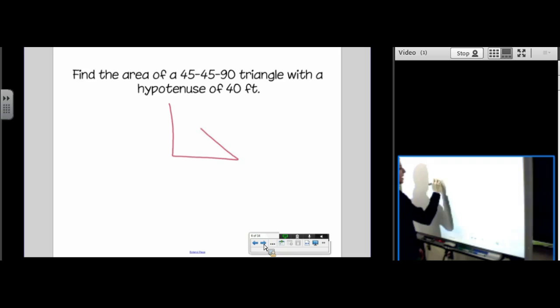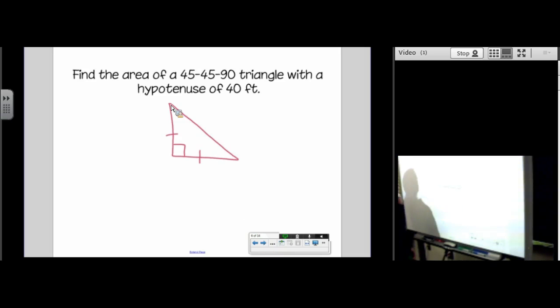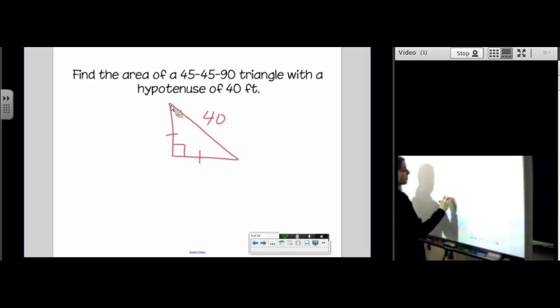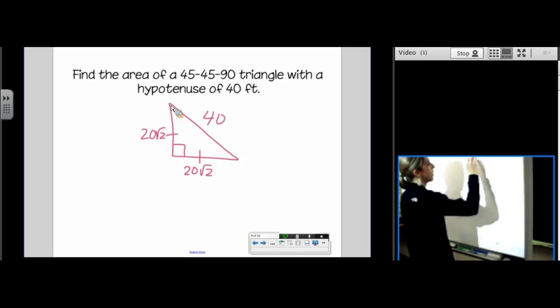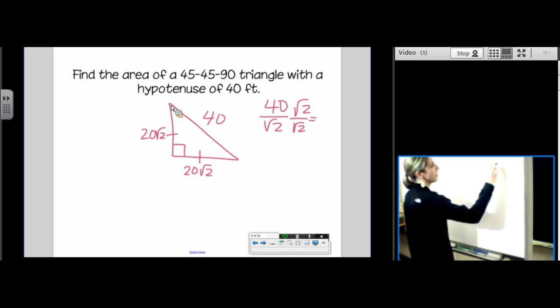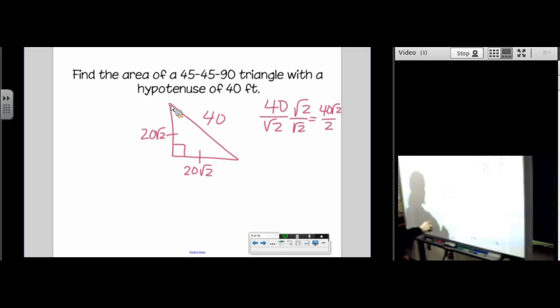Isosceles, right and isosceles. So if the hypotenuse is 40, we automatically know that these are 20 root 2. Where did 20 root 2 come from? We took 40 and we divided it by root 2 and rationalized that denominator. 40 root 2 over 2, which is 20 root 2.